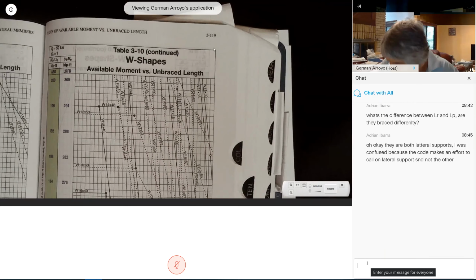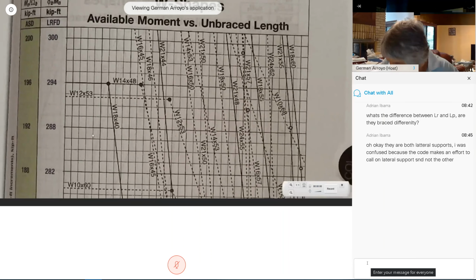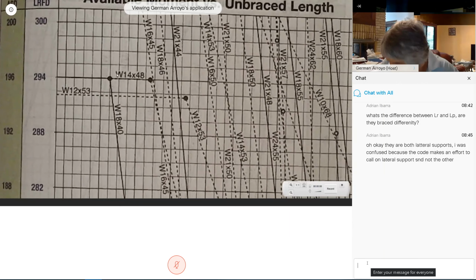You go to chapter 3, page 119. For instance, look, this is a W18 by 40. This is in here, the plastic moment. This dark line, what do you think that this dark line indicates here at the bottom?